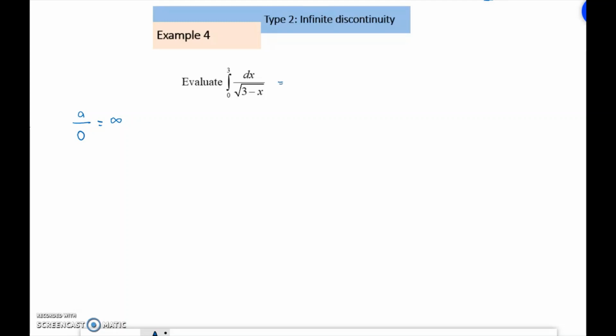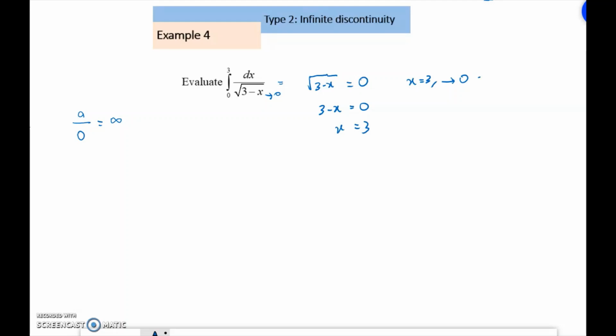So, to check this, we can check the denominator here. It will be square root of 3 minus x equals to 0. So this will be 3 minus x equals to 0, so x equals to 3. Meaning that when x equals to 3, the denominator will be equal to 0.